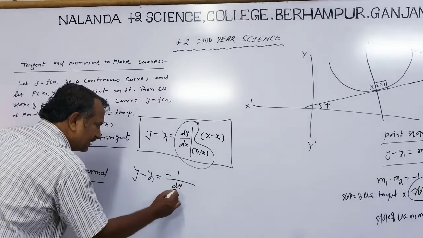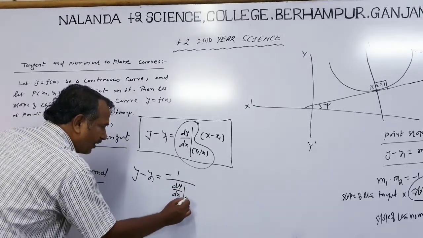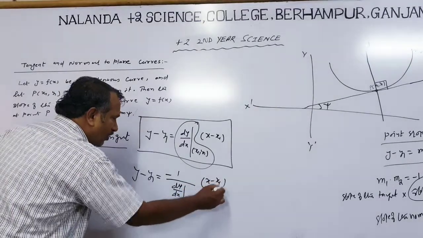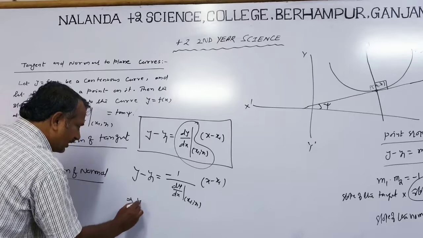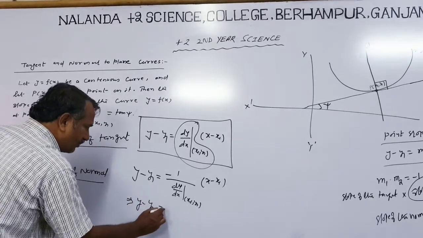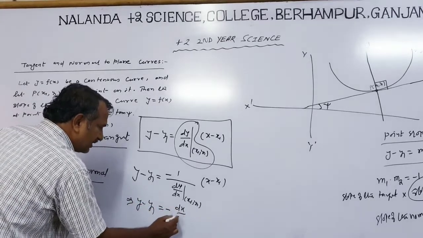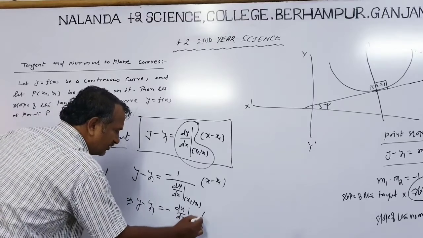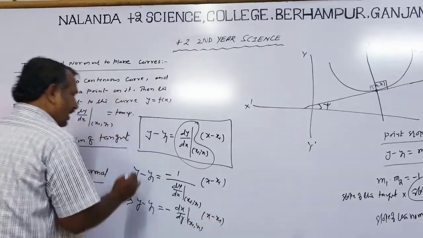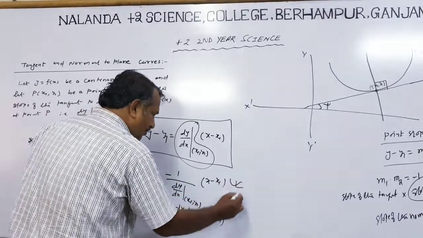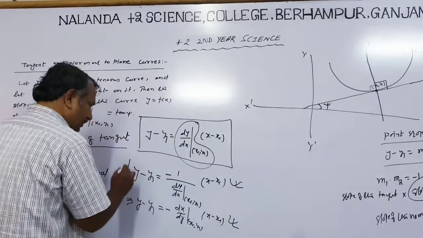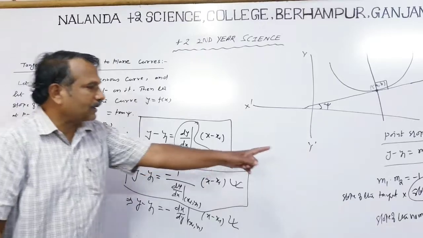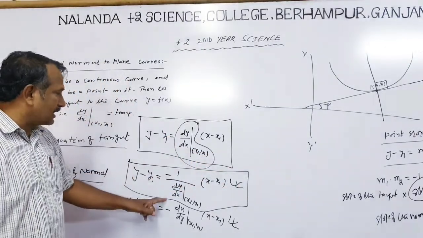So dy by dx at the point x1, y1, into x minus x1, or you can write y minus y1 equal to minus dx by dy at x1, y1 into x minus x1. Either write this one or this one. Better write the first one, okay? Because slope of the normal equal to minus 1 by slope of the tangent.